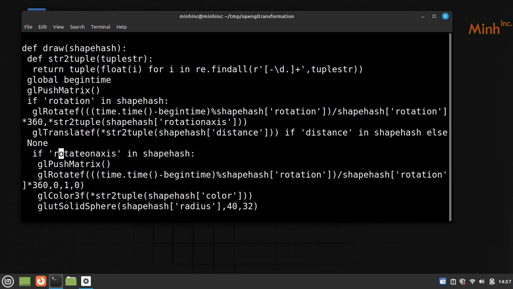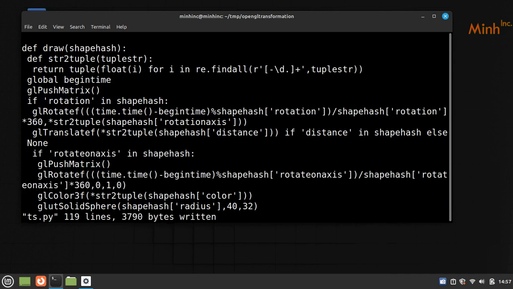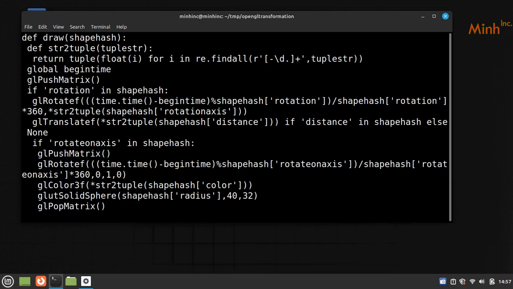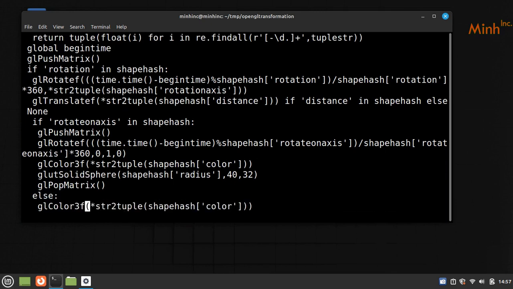If it rotates on its own axis, then push a matrix again, and same story. Here it would be rotate on axis. Okay, now it will take the color and it will draw as per the radius, pop.